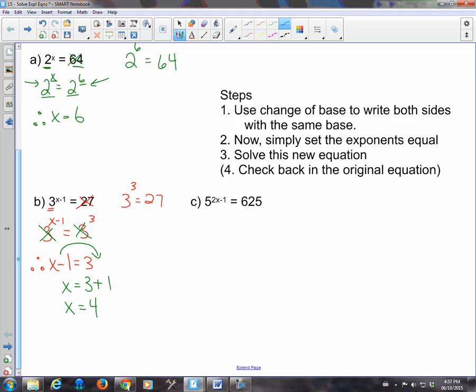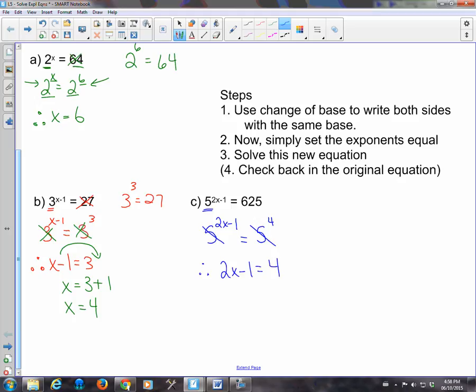So if I look at this one, there's my clue, base of 5. So I've got 5 to the exponent 2x minus 1, and I should know from previous questions that 625 comes from 5 to the exponent 4. Once I've got the same base, I can drop my base and I'll know that my exponents are equal to each other.